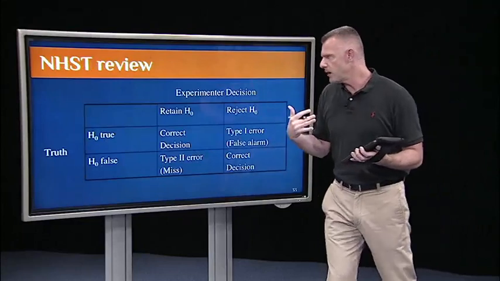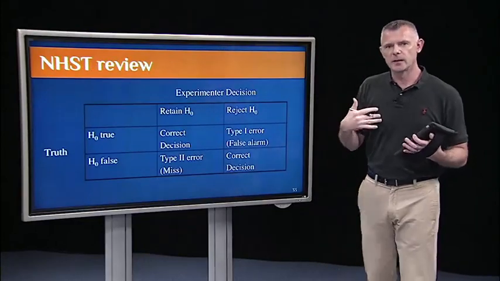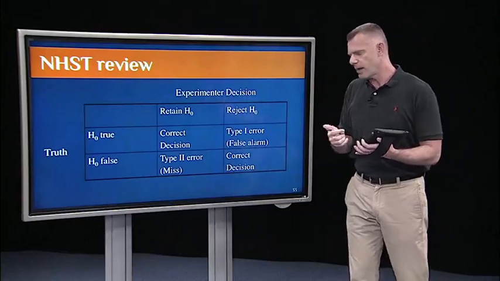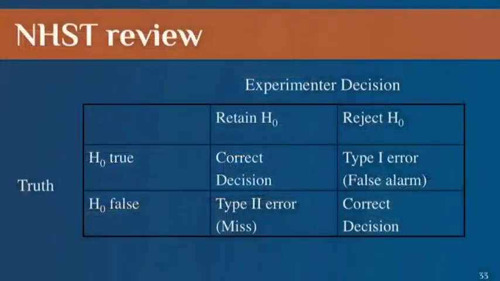Now, just to remind you about NHST and the problems inherent in NHST, remember that I set up this matrix where one of four possible outcomes will always happen when you engage in NHST. And think of the rows in this illustration as sort of alternate universes.